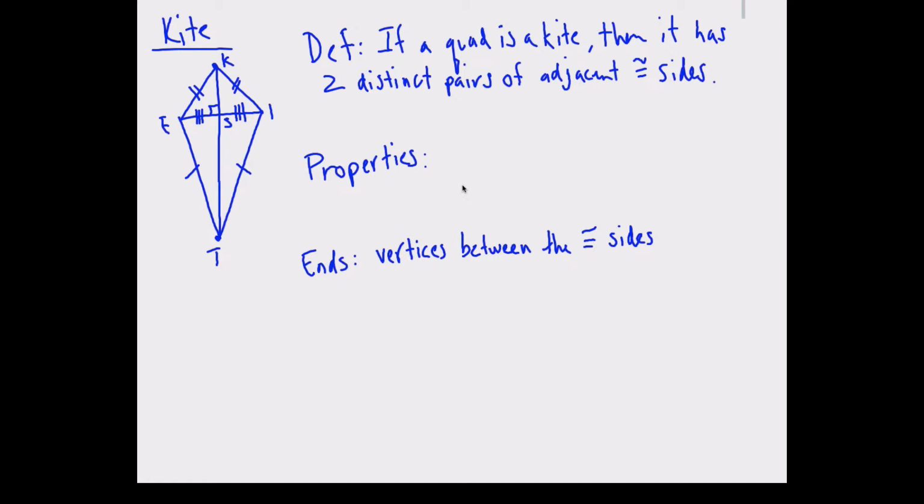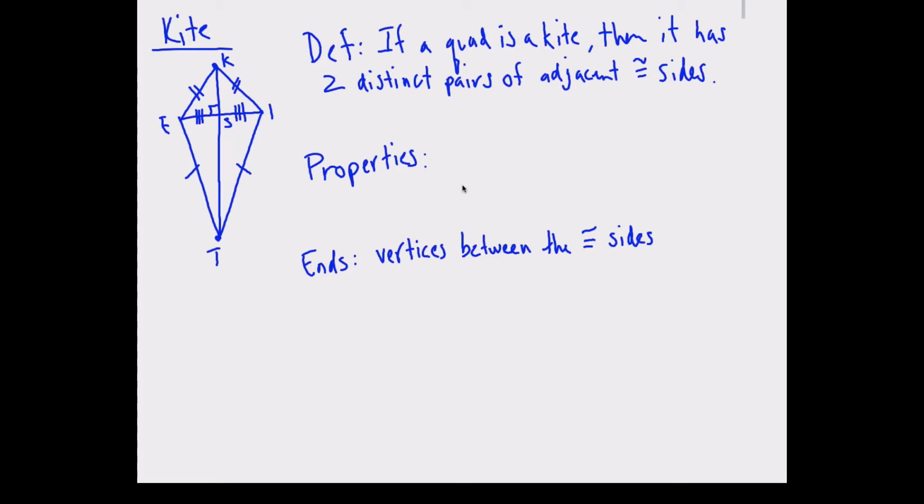Which diagonal is the knife? Which diagonal is the bread? KT bisects EI. That's true, but we want a general way to phrase that so that we're not dependent on kites that are only labeled the exact way we have it labeled.